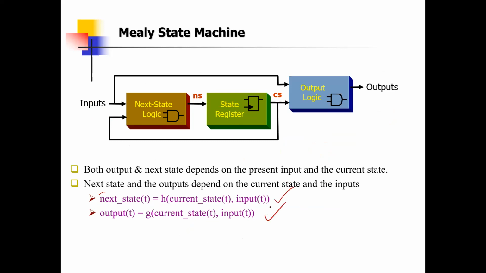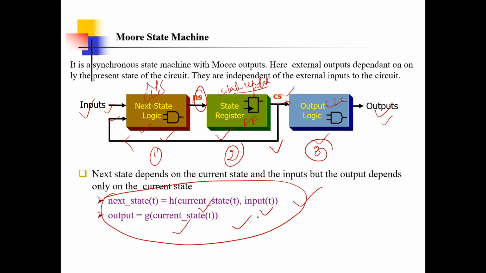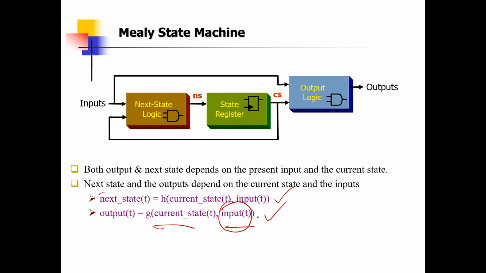In the second expression, inputs also come into the picture. Earlier, in the Moore machine, output is a function of only the current state. Now it is a function of the current state as well as inputs. So the circuit changes like this.